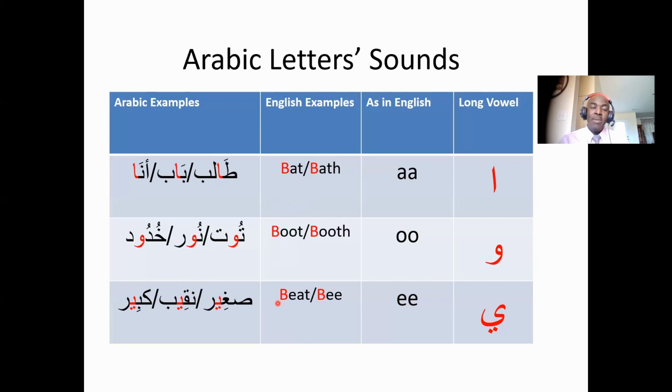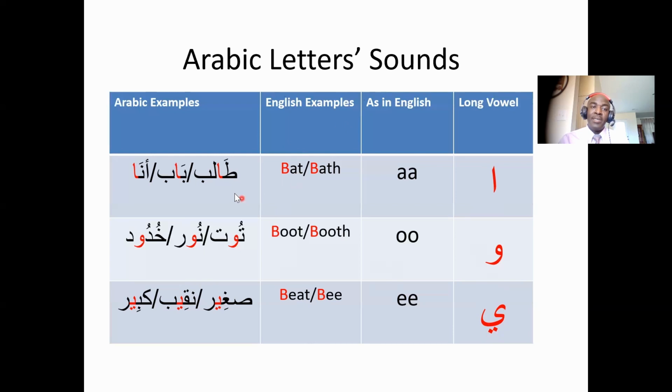Arabic is also the same. There are other sounds in English and in Arabic too, but the three major sounds in Arabic are pretty much as we have here: the Arabic letters alif, waw, and ya. As we said in the previous video, the alphabet video, these are the long vowels. Long vowels affect the sound of the letter that comes before them.